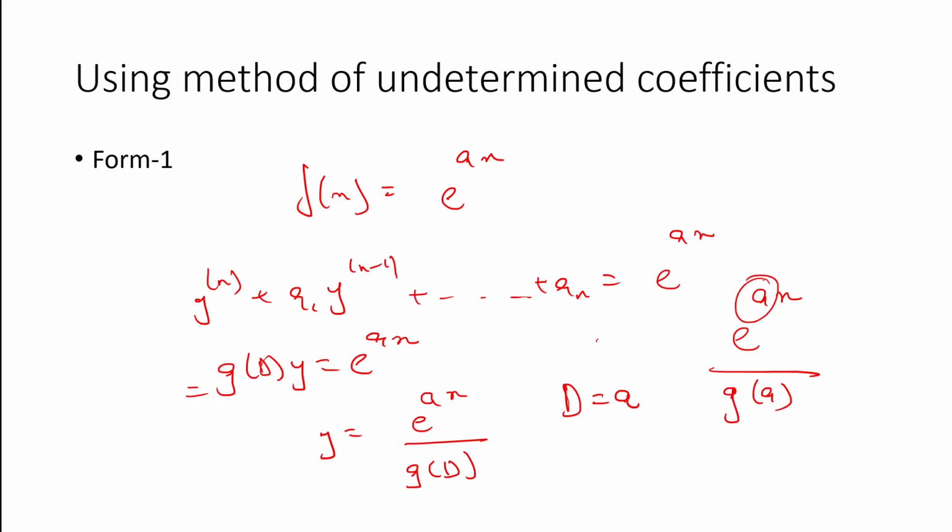Now it is possible that g of a becomes 0. If g of a becomes 0, the solution is not possible, so there is a special rule. Let me write the mathematical form and then explain.